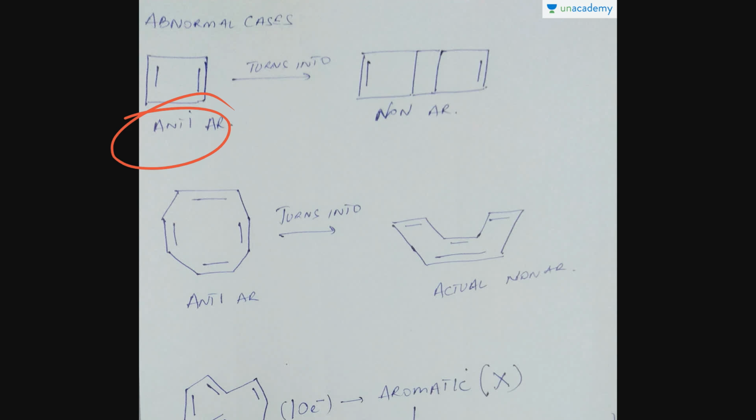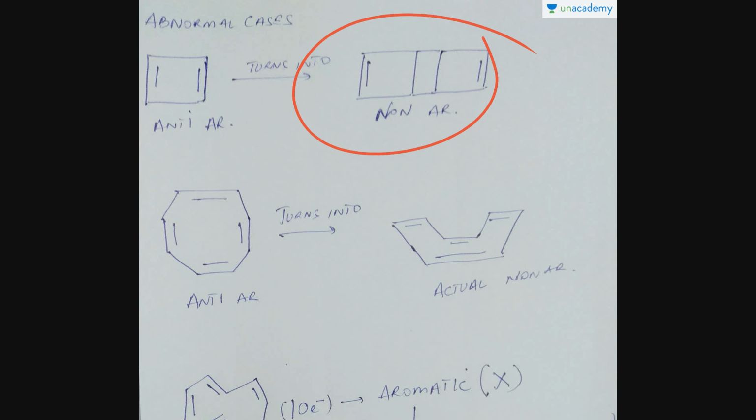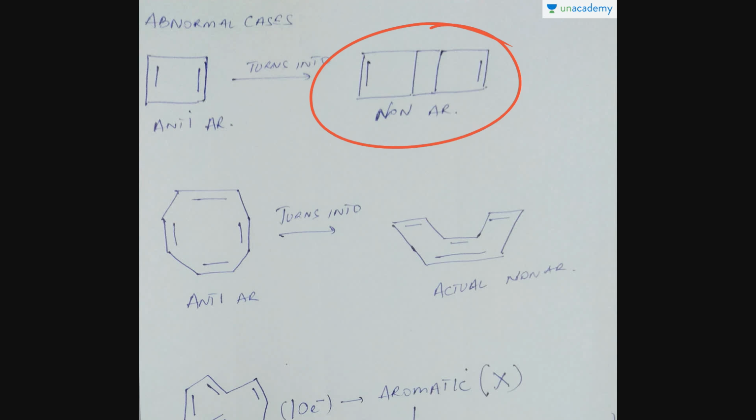But since anti-aromatic compounds are least stable, the compound itself wants to convert into another form to get stabilized. So two molecules come and join. This pi bond breaks into one electron here and one electron here, the other molecule does the same, and they get joined and become non-aromatic. That's why they get stable.